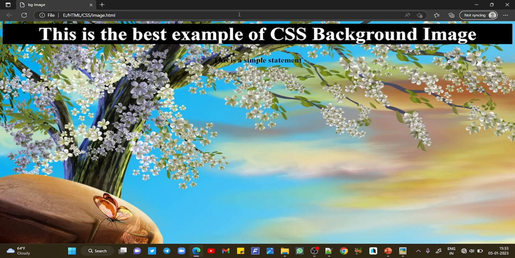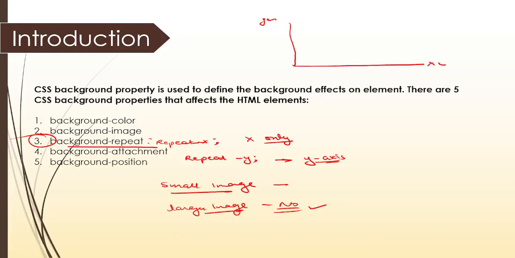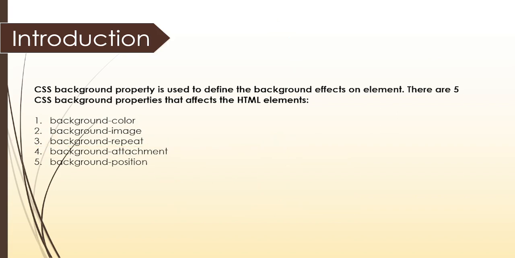So this is how you can make use of a background image along with its important properties like background repeat. So I'm repeating the session. If you have a small image, then CSS will automatically repeat that particular image over your whole web page. And if you want your image to repeat only on the x axis, then you can give it the property repeat-x. If you want it on the y axis only, you can use repeat-y.